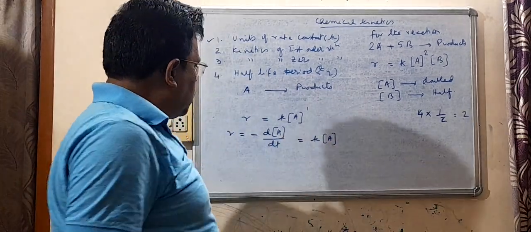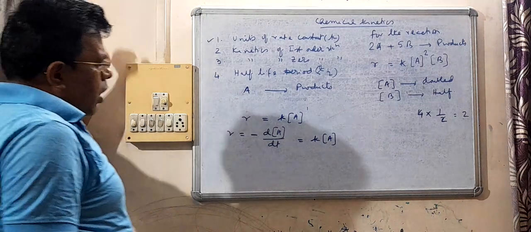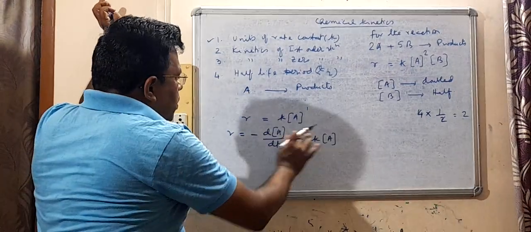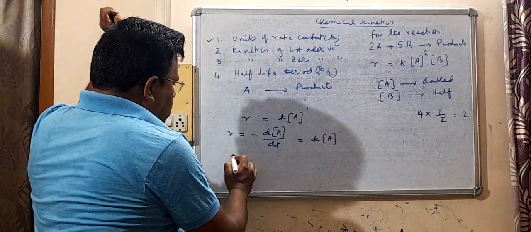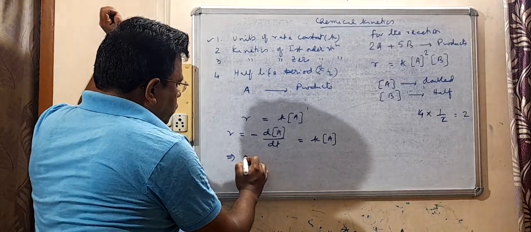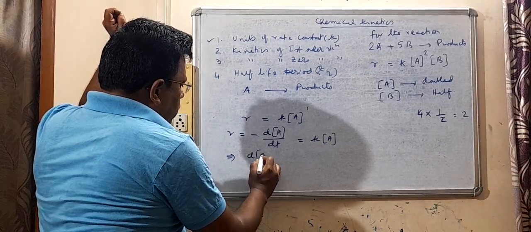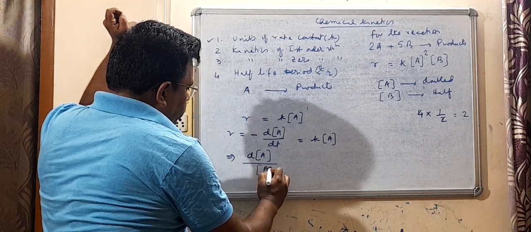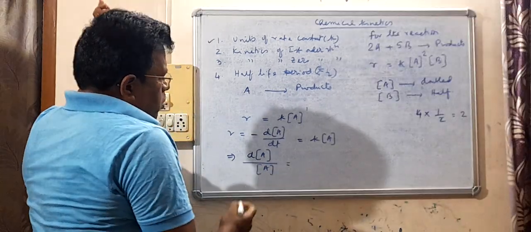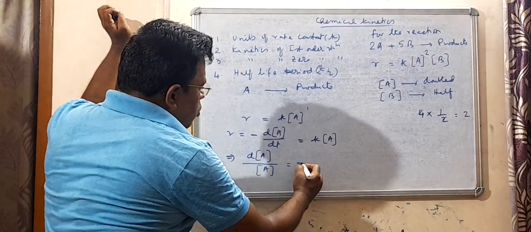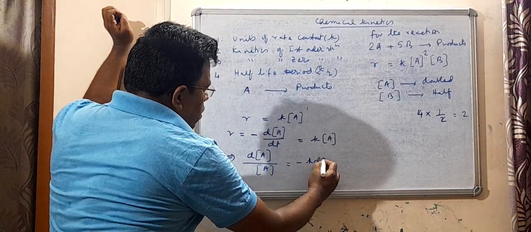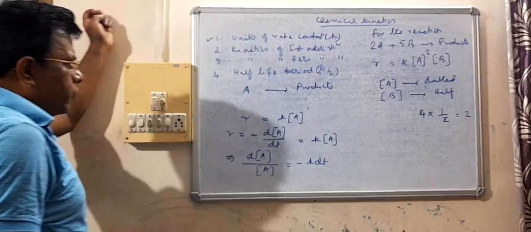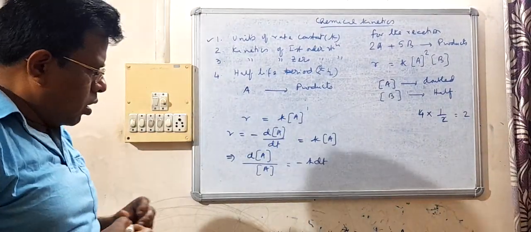So this follows, and on simplifying this we can get, suppose this minus we take it this side, it will be minus k dt. So this is what we get.